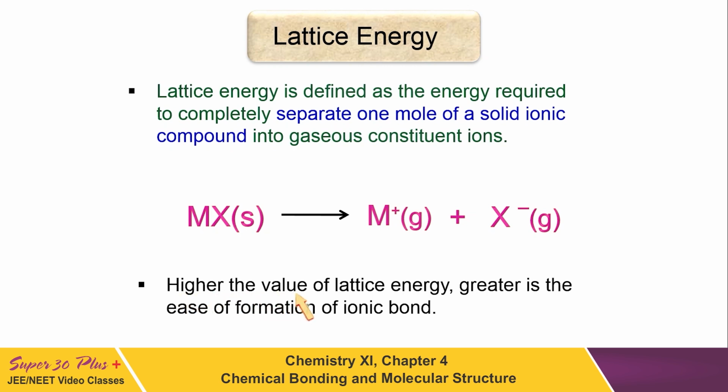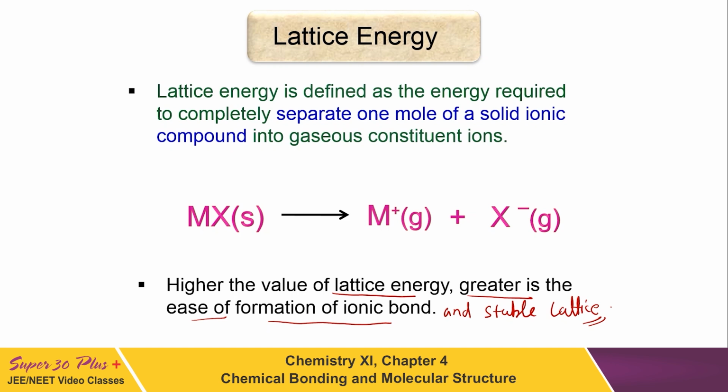So higher the value of the lattice energy, greater is the ease of formation of ionic bond and stable lattice. Higher the lattice energy, stable will be the lattice. So higher value of lattice energy is in favor of the formation of ionic bond.